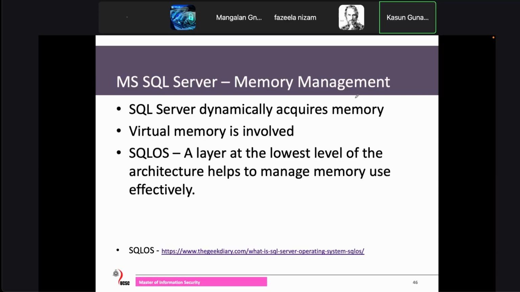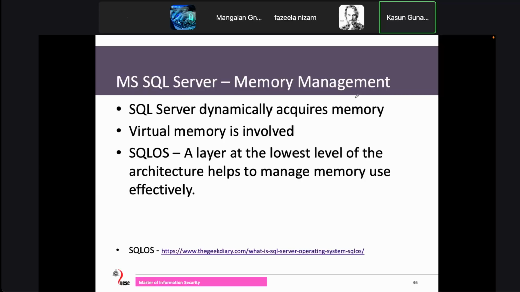Some of the important features in memory management: SQL Server dynamically acquires memory and supports virtual memory. Since SQL Server is by Microsoft Inc., who also have their own operating systems, their database server has been optimized to run on Windows operating systems.